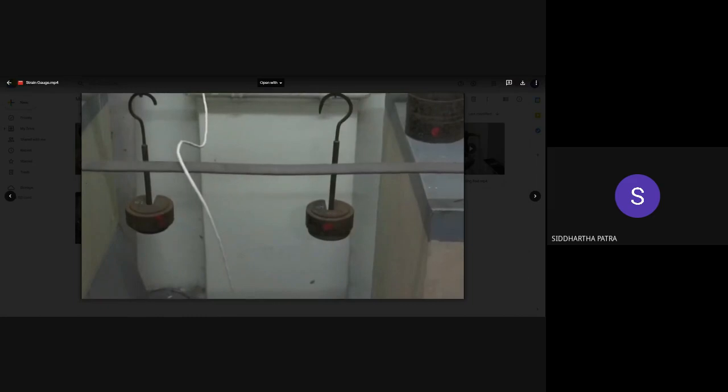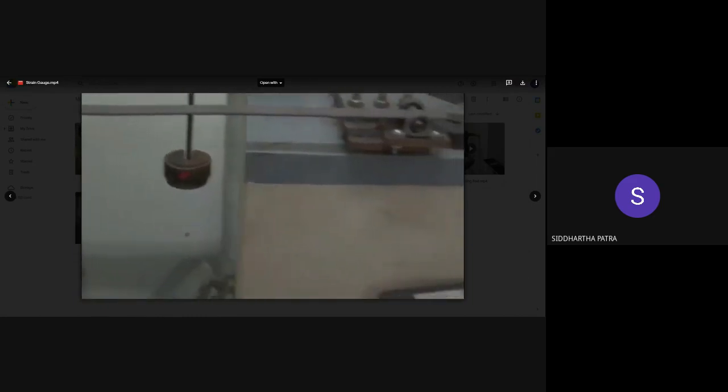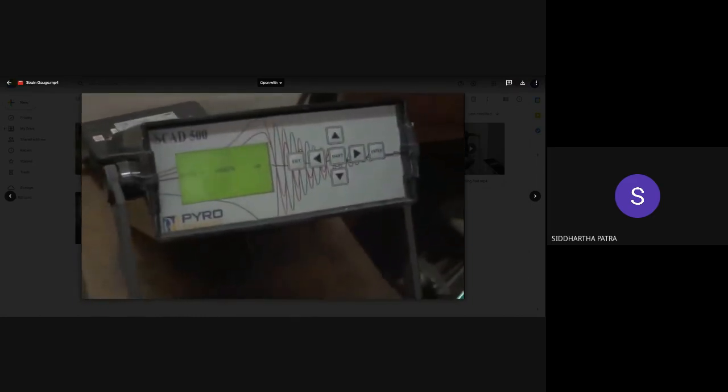Now at each point, the loading is 3 pound. The reading is 74.